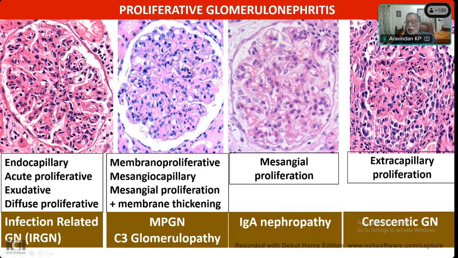And lastly, you have extracapillary proliferation, with crescents like this, crescentic glomerulonephritis. So these are the ones that you are dealing with. This may again be primary or secondary. Primary means the offending agent is not known, or frequently in many autoimmune diseases, for example, SLE can present with any of these features sometimes. Any of these patterns you can get in SLE.